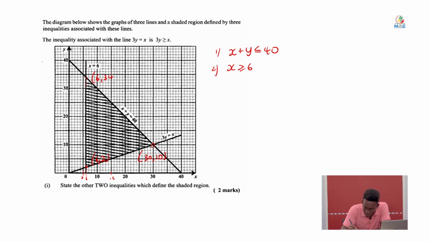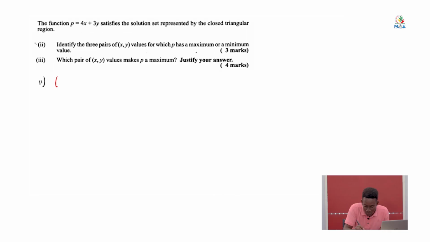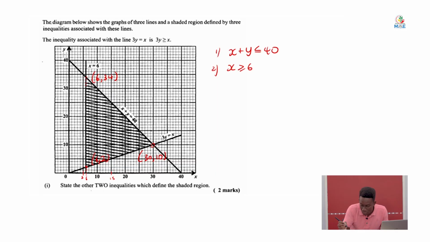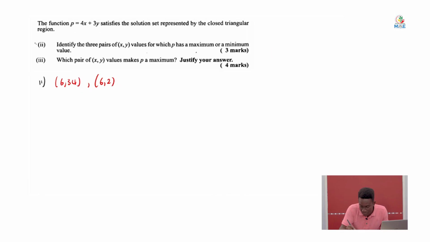So 6, 34. So the points would be 6, 34, 6, 2, and then 30, 10. Those are the three pairs of x and y values for which p has a maximum or a minimum value.